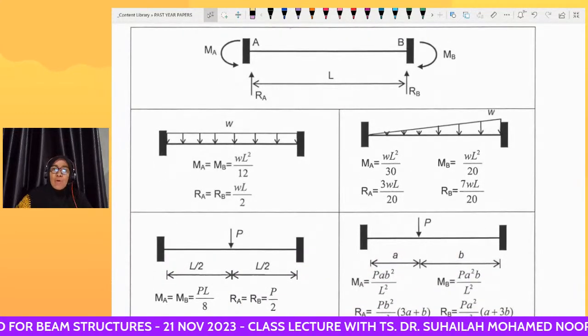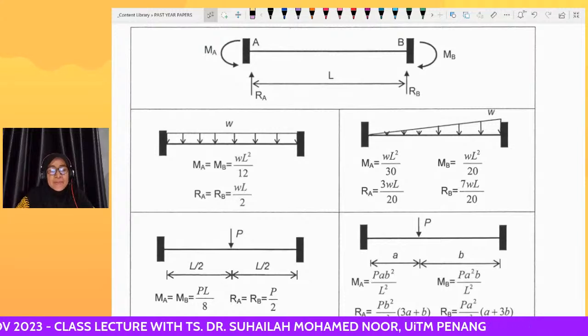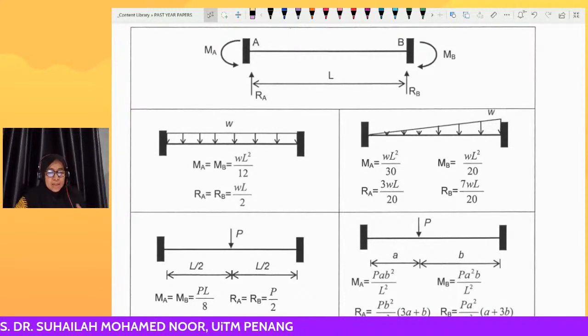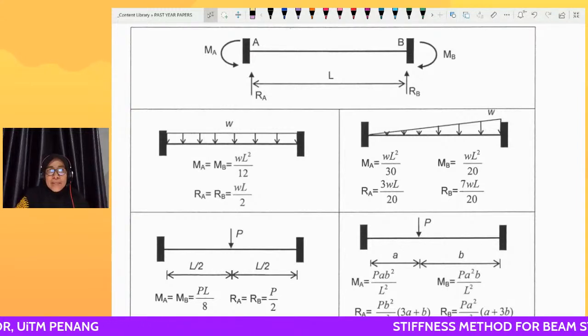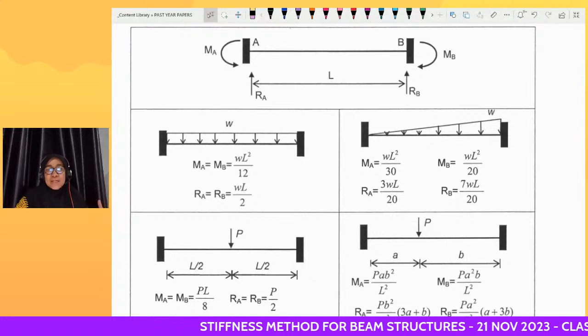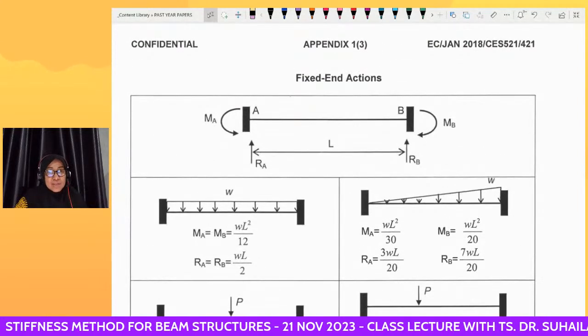For the moment, we call this fixed end moment. We call this fixed end action because here we have to consider not only the fixed end moment, but also the vertical reaction. So that's why the name is fixed end action.